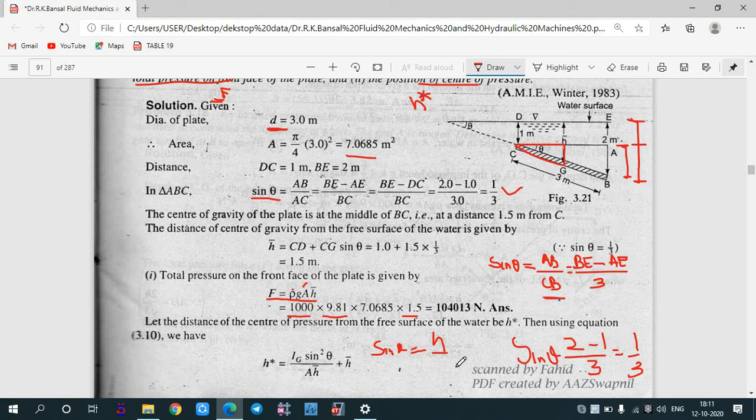So this CG will be nothing but half of the CB value, that is 3 divided by 2, which is 1.5. So the h value which is required is obtained by multiplying 1.5 with your sine theta. Okay, so if we get this value, let me take another pen.